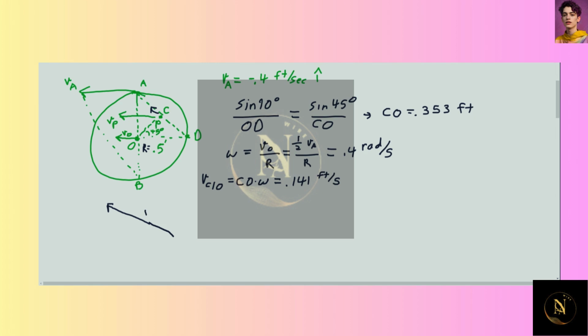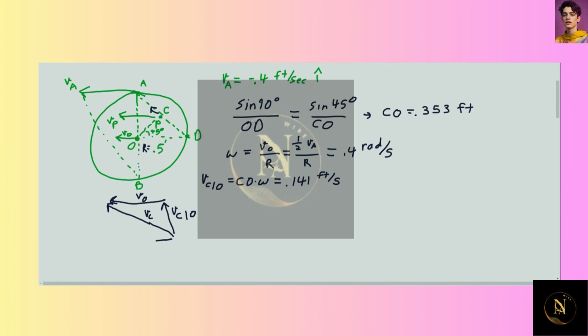So we have VC. We have VO, which is the velocity of the center of the sphere here. So if we go up and to the left, then we have the velocity of C with respect to the origin.